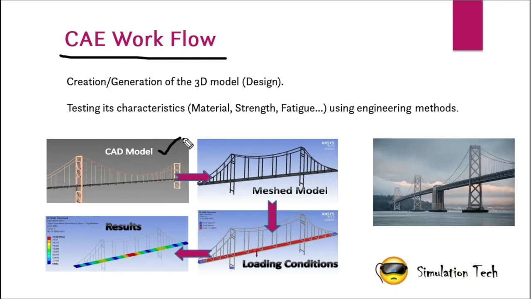First we need a CAD geometry from a designer, and when we get that CAD model, we need to discretize it, which is called meshing. After meshing is done, we need to add boundary conditions: where to add fixed supports, where to add loadings and other supports. That is called boundary conditions. After that, we request results, namely von Mises stress or whatever, and how much deformation is produced due to these loading conditions. That is requested from the results. This is known as the CAE workflow.